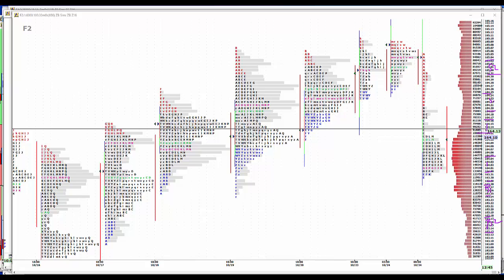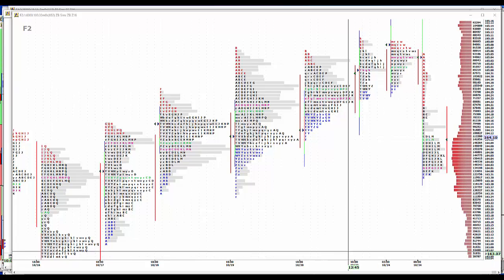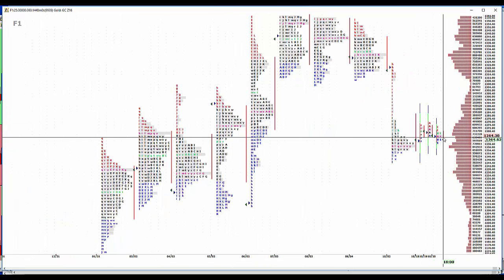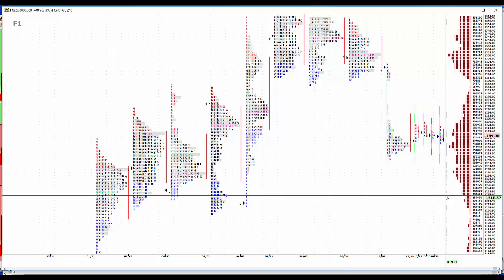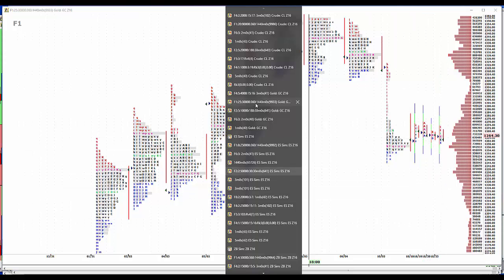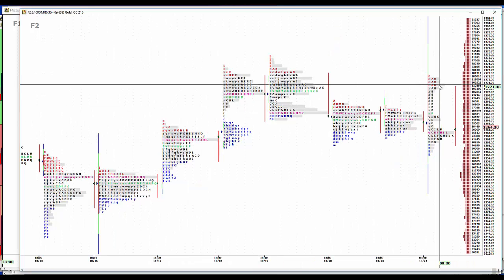Yeah, gold, had a good day in gold. Outside day, trading range. On the F1 screen, on the F2 screen.